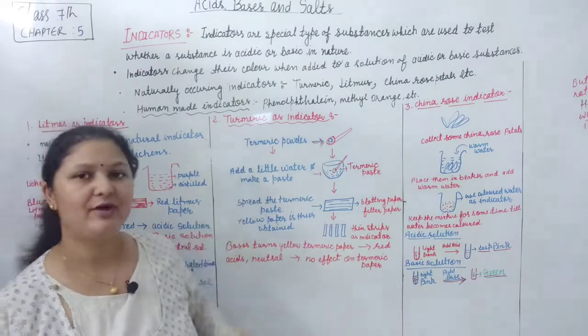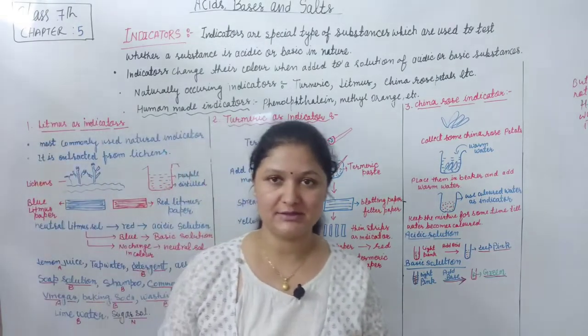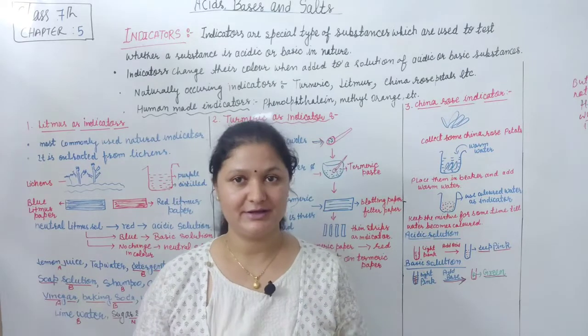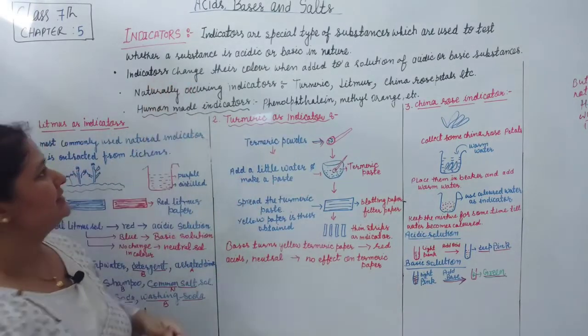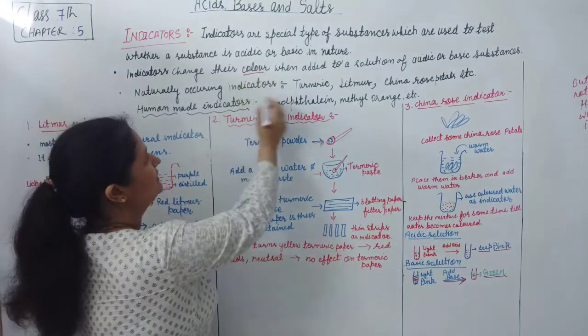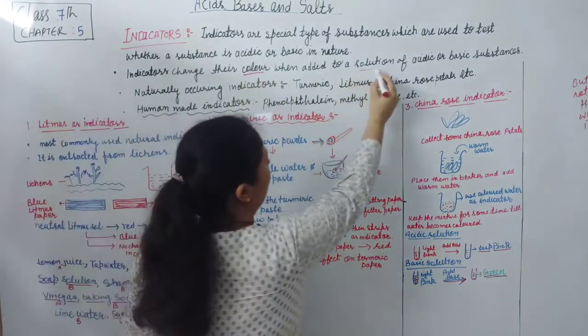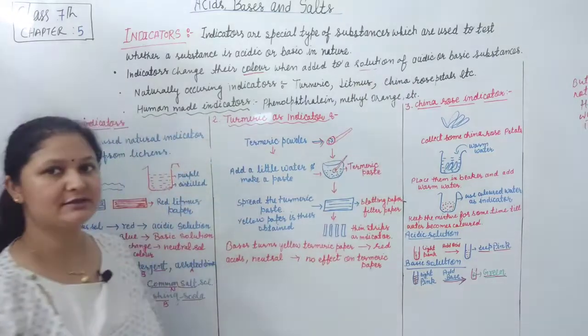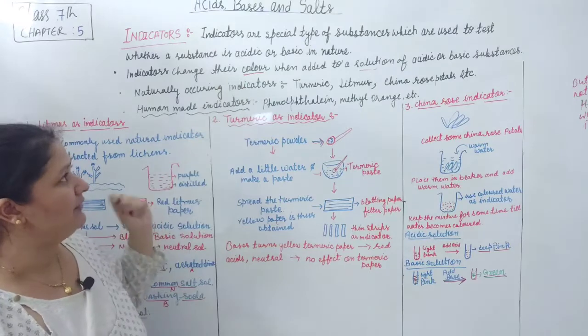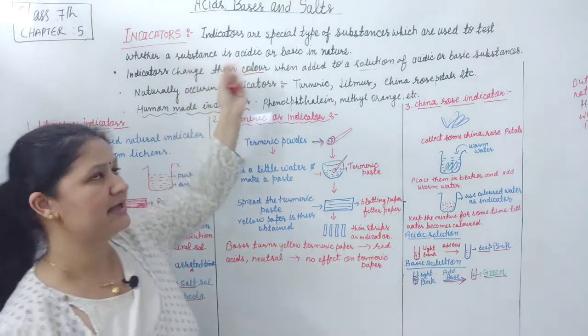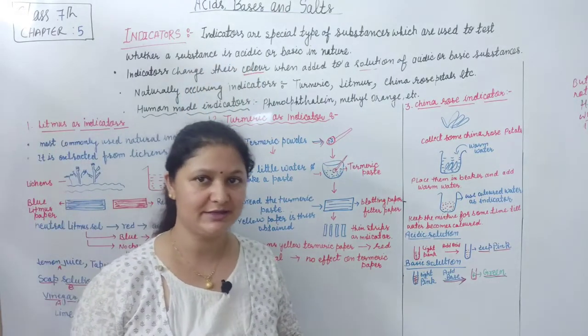So how do we find the nature of these substances? We use indicators, right? Because indicators change their color when added to a solution of acidic or basic substances. So with the help of an indicator we can find whether the substance is acidic or basic in nature.